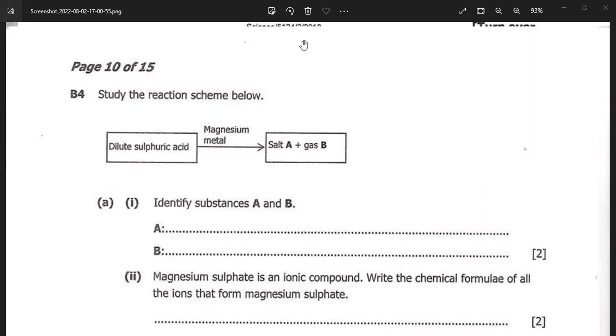So if we are writing this, it's Mg, which is a solid, plus H2SO4.